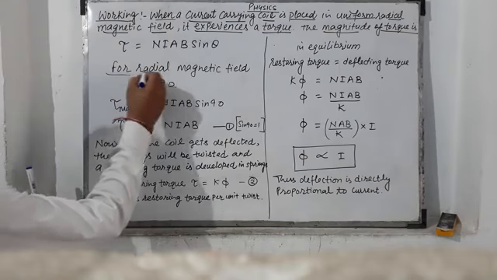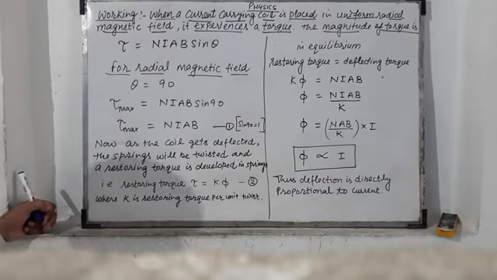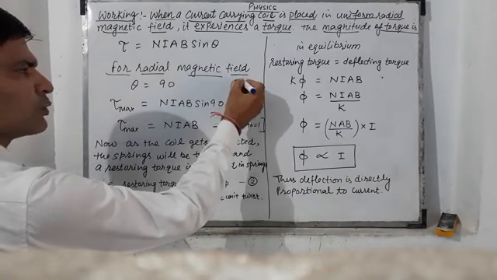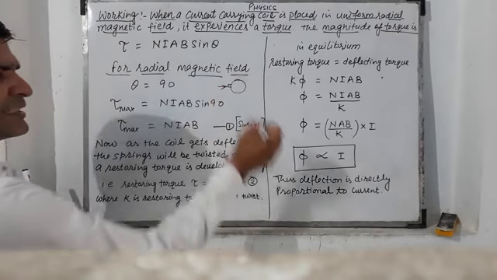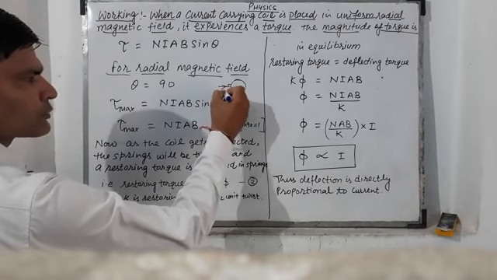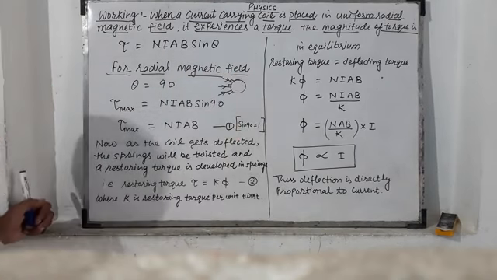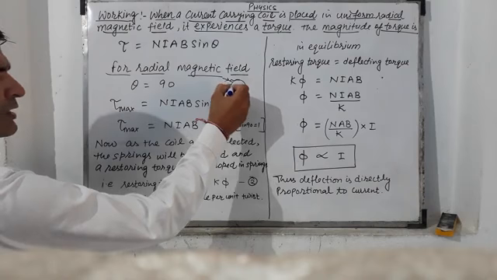Now for a radial magnetic field, as we discussed earlier, theta is equal to 90 degree, because this circular part and these magnetic field lines make 90 degree at every point. This is 90 degree and this is also 90 degree, because all these are along the radius.